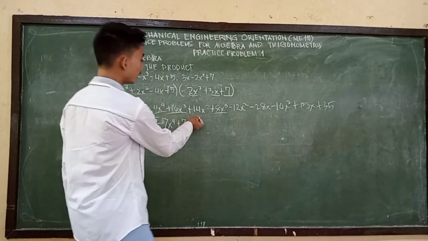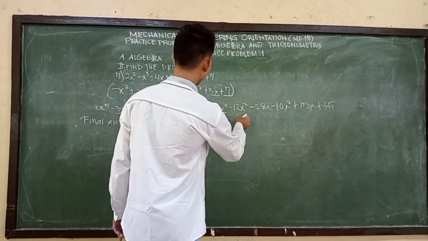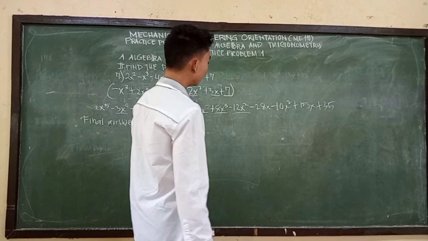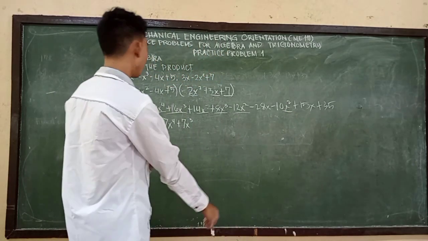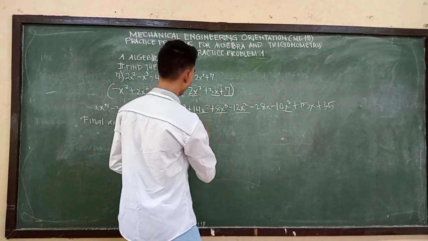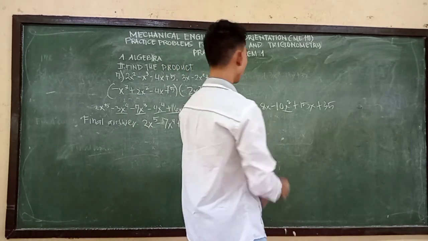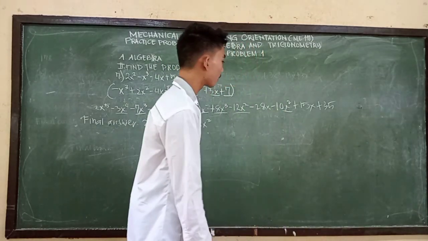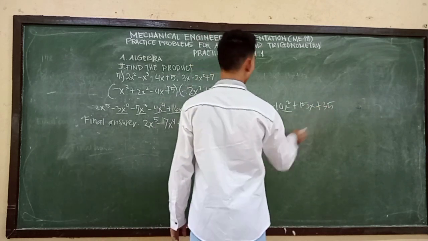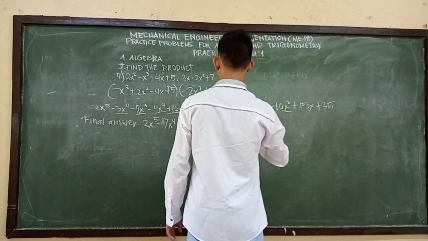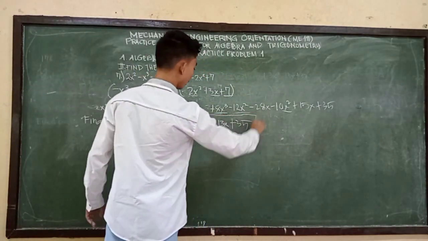And then 14x squared minus 12x squared minus 10x squared will give us negative 8x squared, and then negative 28x plus 15x will give us negative 13x, and then we will just copy 35. So here is our final answer, 2x to the fifth.